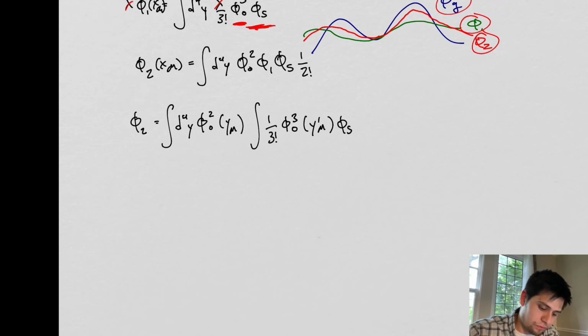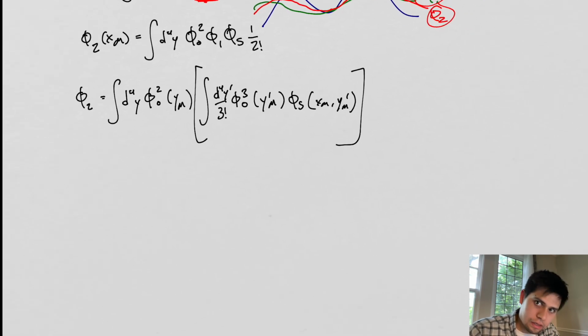This gets a little bit confusing because we need x mu, okay. And then we need to cap this all off.